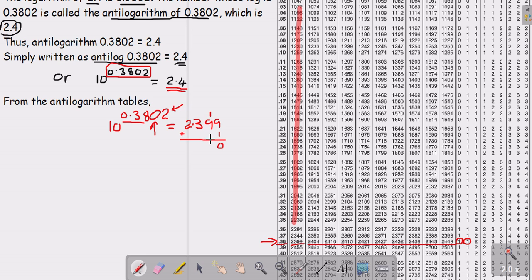Then 1 plus 9 again we get 10, we write 0 and carry 1, and then 1 plus 3 we get 4.